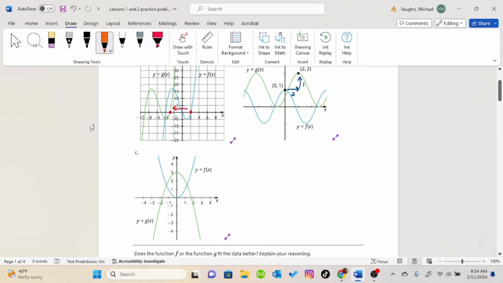Now if we look down here at C, they want to know how we went from the top graph to the bottom graph. And one thing we can see is that it appears that we flipped the graph upside down, or we call this reflection.